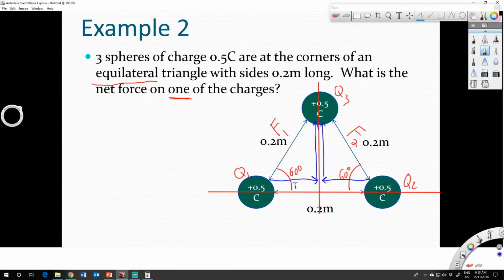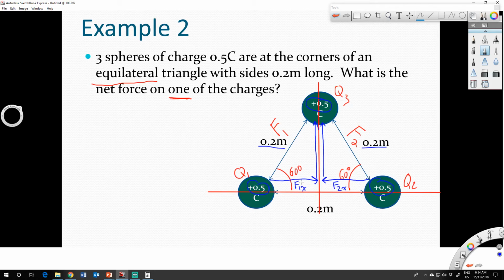The x component of F1, we'll call that F1x, and the x component of F2, we'll call that F2x. Because all the numbers are the same, the distances are the same, so this distance is the same as this distance, and the charges are both half Coulomb positive charges. So F1 and F2 have the exact same magnitude, which means F1x and F2x have the exact same magnitude.